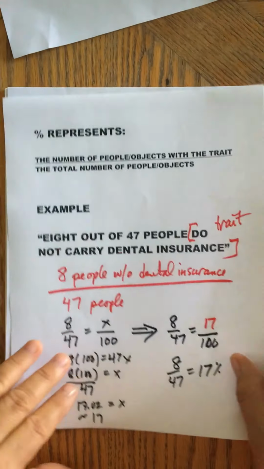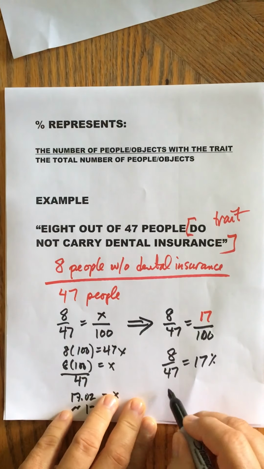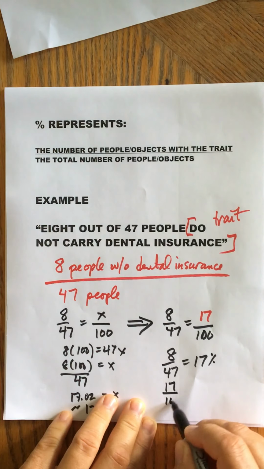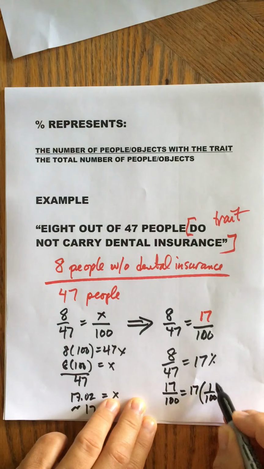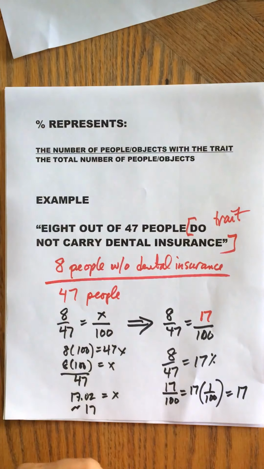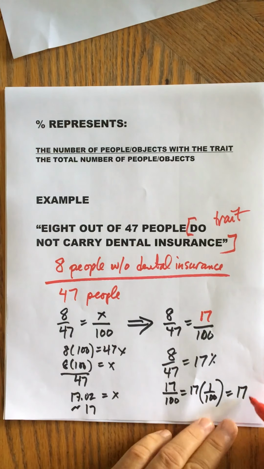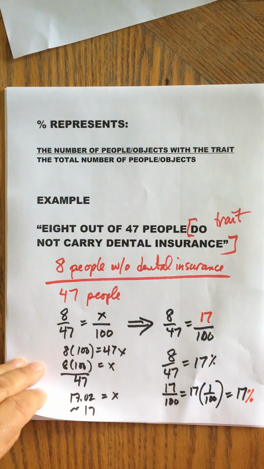So when you look at this number, you have 17 divided by 100, which is the same as 17 times 1 over 100, and that little symbol, 1 over 100, is the same thing as percent. Okay, that's what that represents.